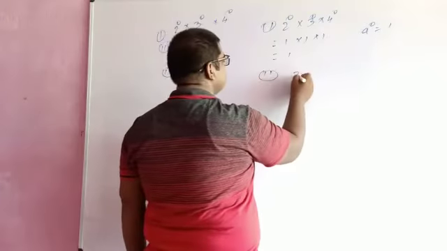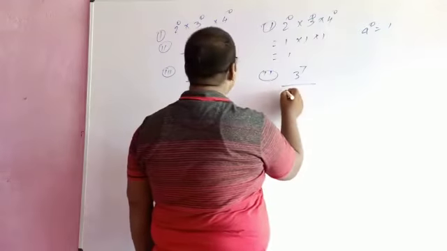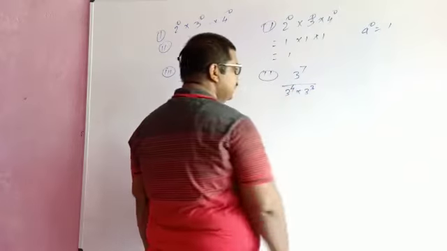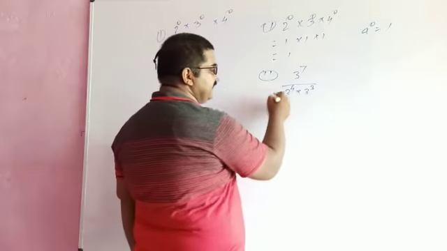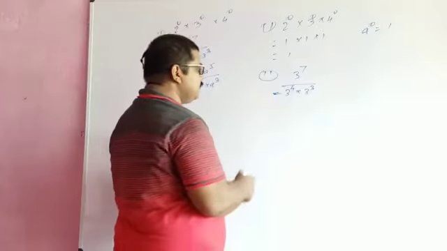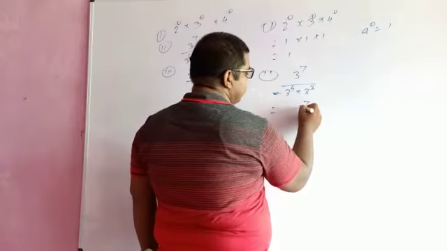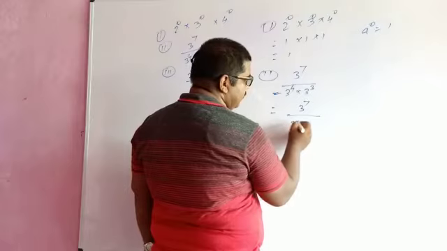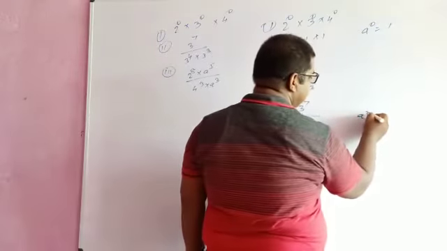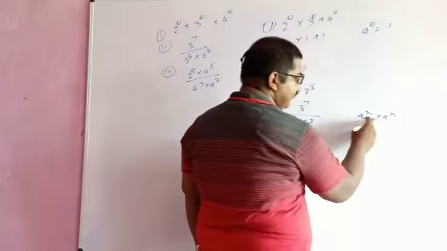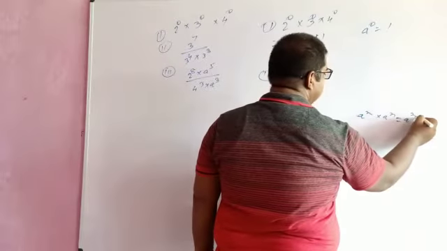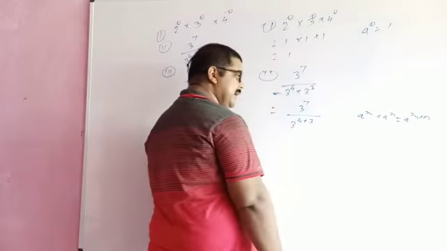Second question is 3 to the power 7 upon 3 to the power 4 into 3 to the power 3. At first you have to simplify its denominator. Then you apply some different rules. 3 to the power 7 upon 3 to the power 4 plus 3, because you know very well that a to the power m into a to the power n, when bases are same, is a to the power m plus n; the powers are added.